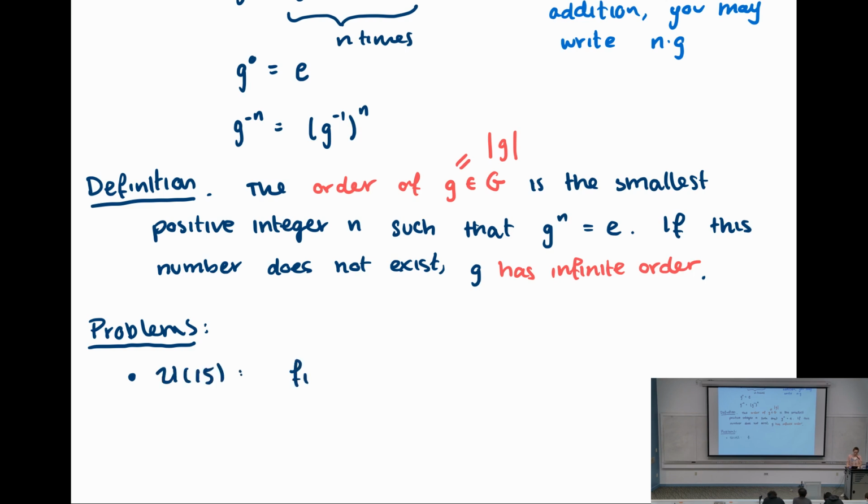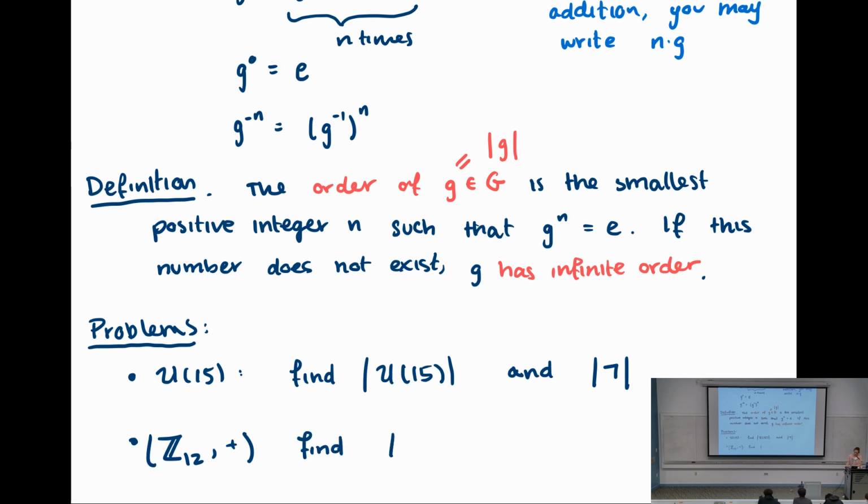So find the order of U15, and then also in this group find the order of the element 7. And then in Z mod 12 with addition, find the order of the element 3. So I'll give you some time to think about these two problems, and then we'll discuss.